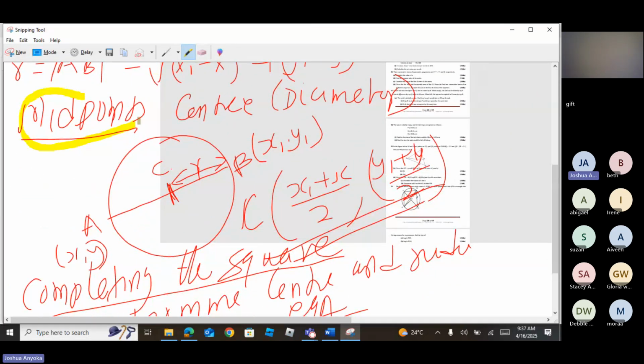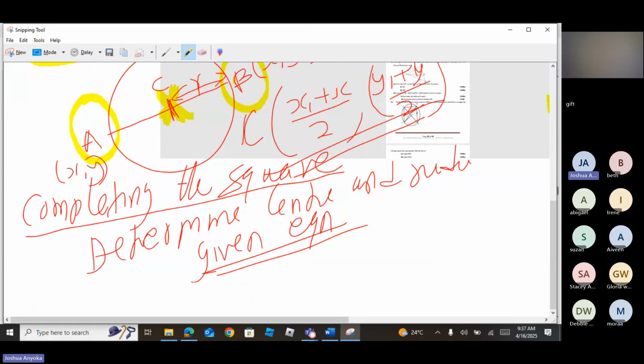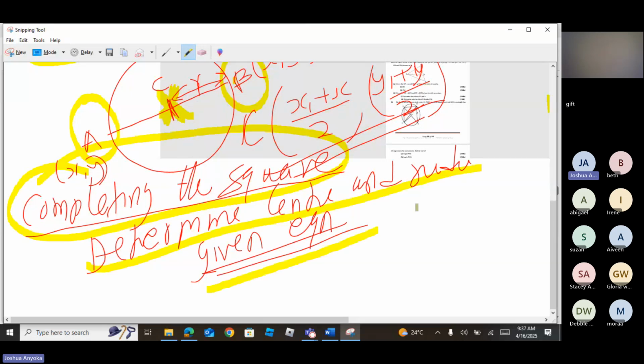In the event you are given two ends of a diameter, we need to find the radius and the center. From the center and the magnitude formula, we find the equation of the circle. And when given the equation of a circle, how can you determine the radius and the center? We find them by completing the square in terms of x and in terms of y.